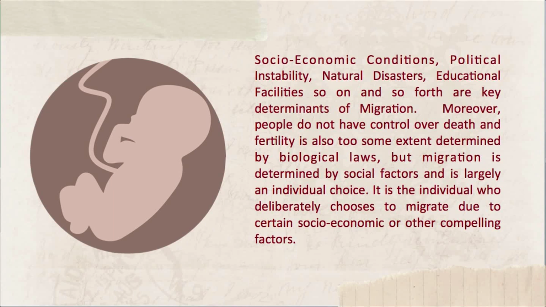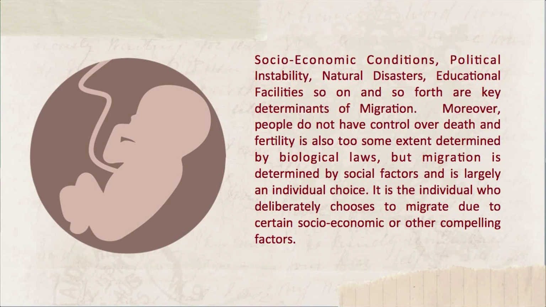Further, unlike fertility and mortality, which are largely biological factors affecting population growth, migration is determined by socio-economic factors. Socio-economic conditions, political conditions, natural disasters, prevalence of educational and health facilities, and so on are key determinants of migration.